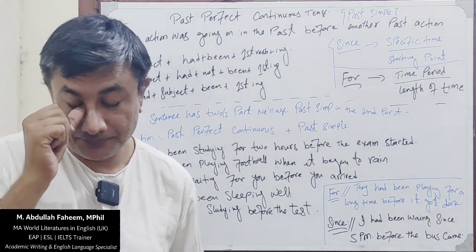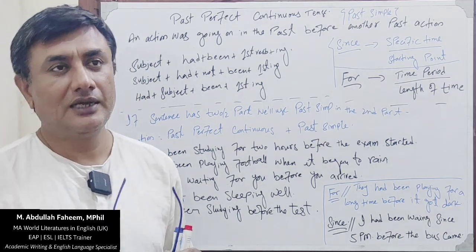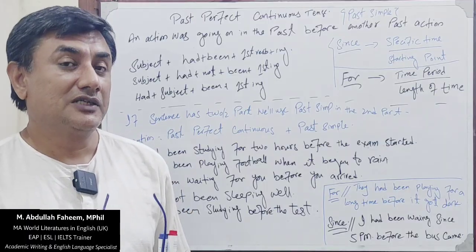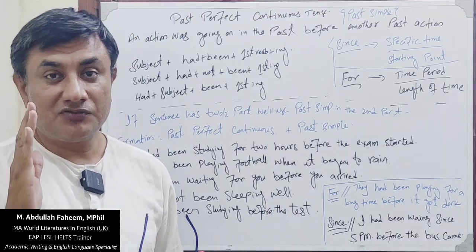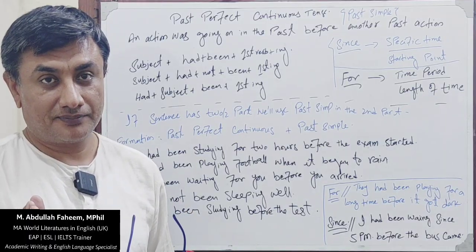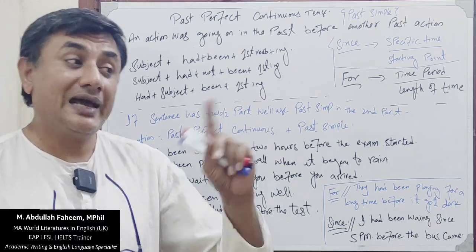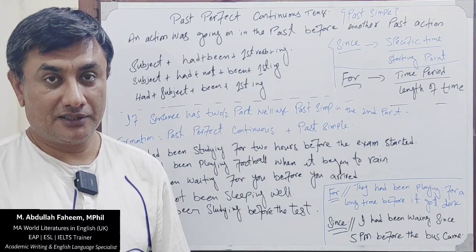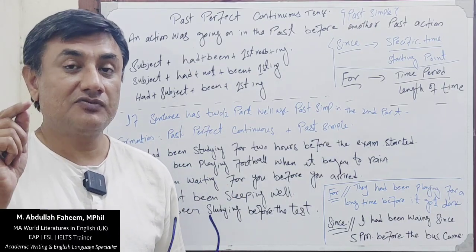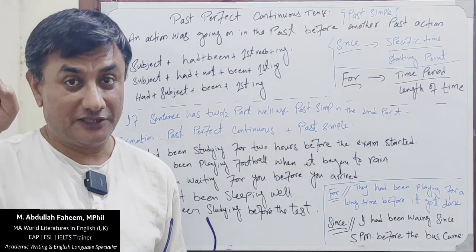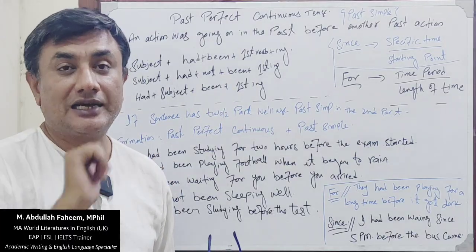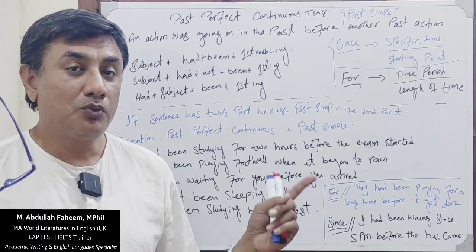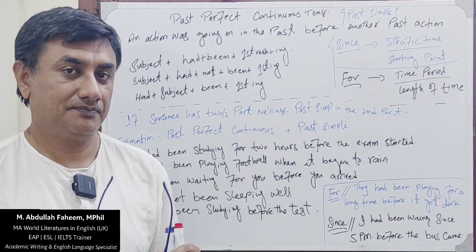Quite confusing. So let me explain. Past perfect continuous means an action was going on before another action started. This means an action was going on, it's completed, then another action started and both have links with each other.